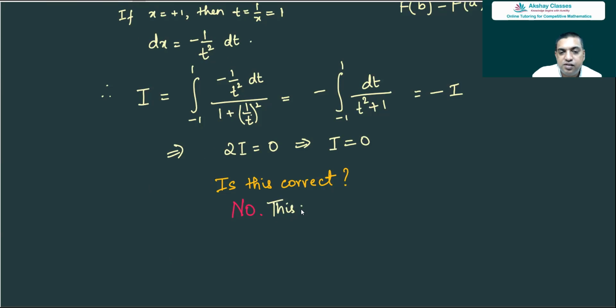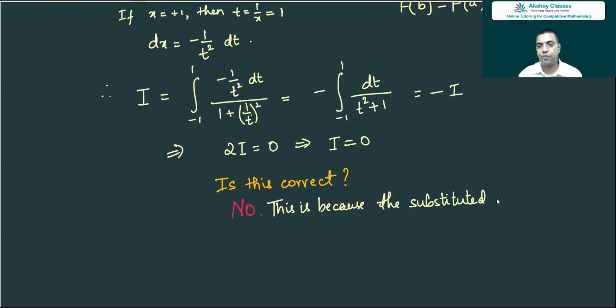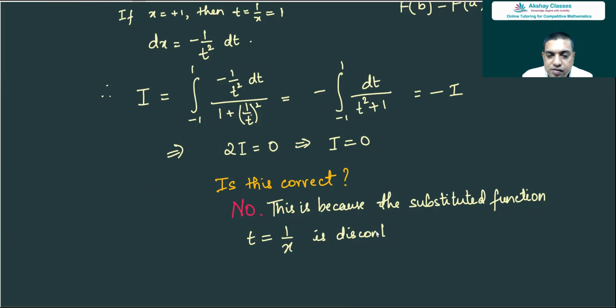This is because the substituted function t equal to 1 by x is discontinuous at x equal to 0 in this interval minus 1 to 1.